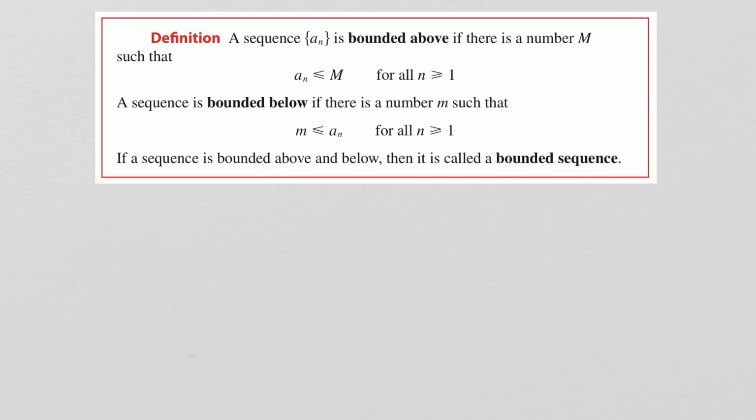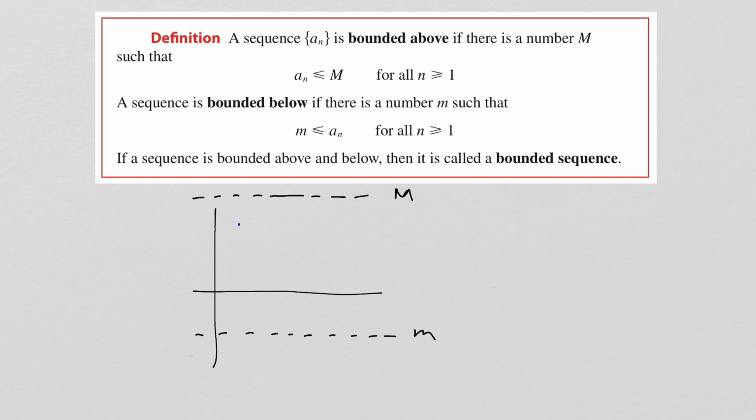Now, what this basically means, think about in terms of a graph. A bounded sequence is a sequence that does not go to infinity and does not go to negative infinity. And so you have to have a line that it never rises above and a line that it never goes below. And so your sequence can do anything it wants to do within these lines, but it cannot go above or below these lines.